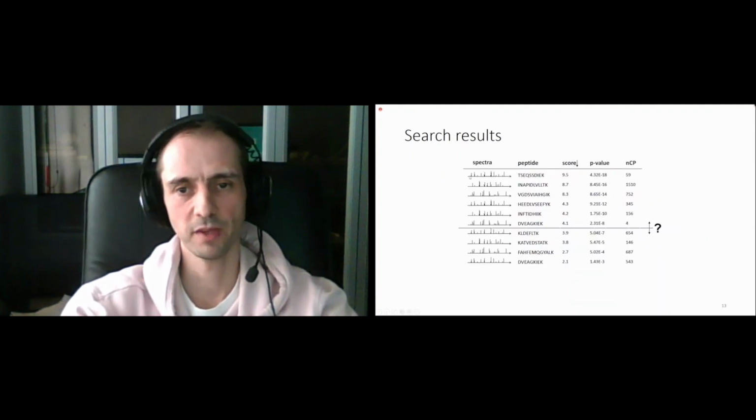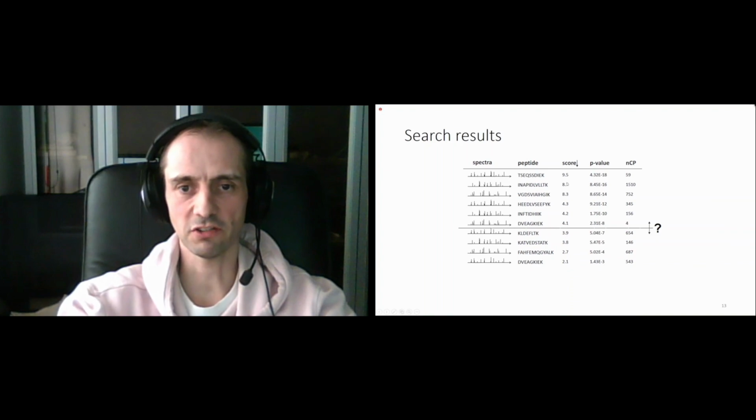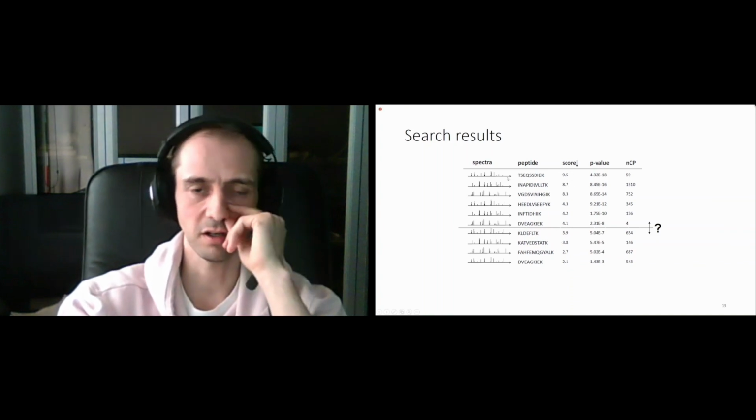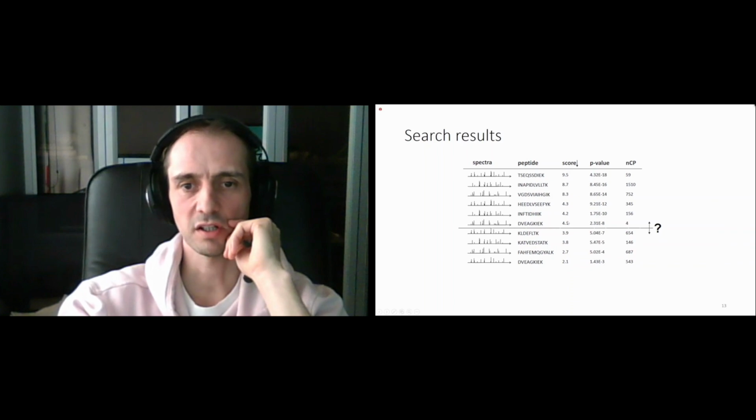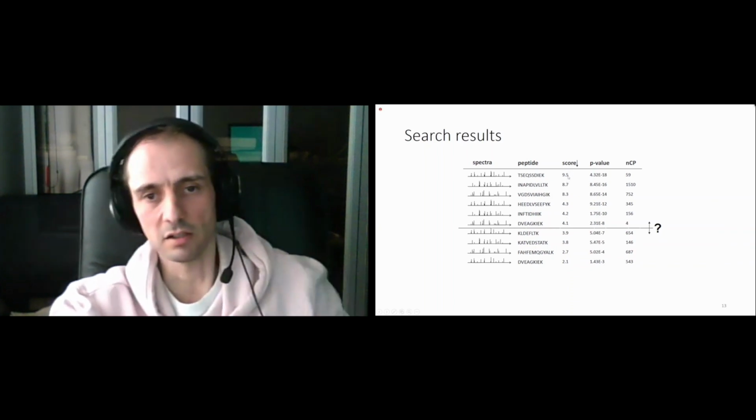Okay, so what we can do is order the spectrum annotations by their score in decreasing order. You remember that a higher score indicates a better or more likely correct annotation between the spectrum and the peptide. We can order them by scores.